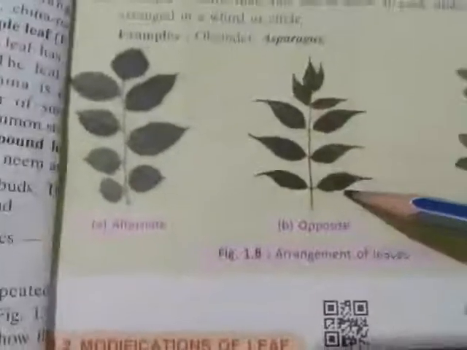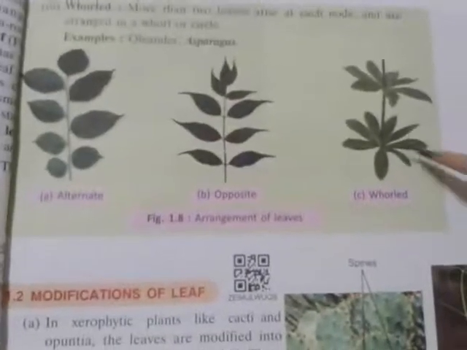So this is your alternate arrangement of the leaves. And this is your opposite arrangement of the leaves, and this is your whorled. So from this figure, what have you learned? See here, more than two leaves arise at one particular node.